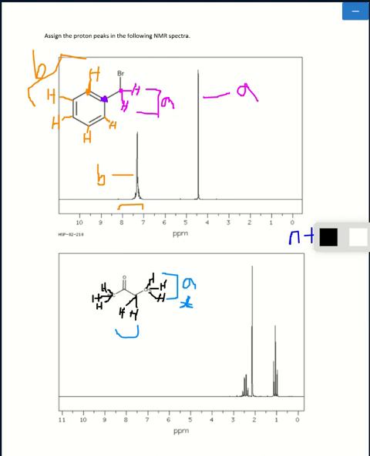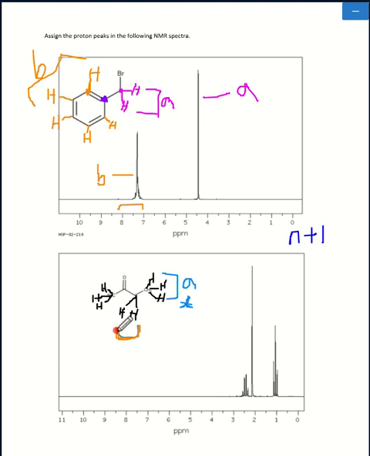Now, the next carbon over is attached to 2 hydrogen, and it is neighboring 2 more carbons. By neighboring, I mean the carbon is bound to 2 other carbons.